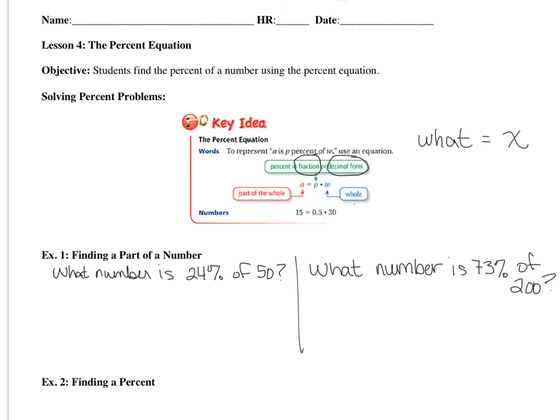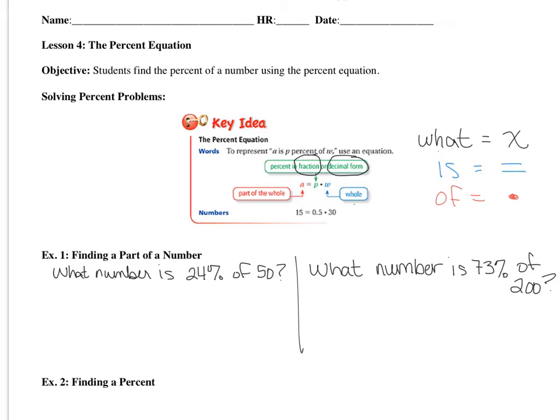But then is means equals. So when I see the word is, I'm going to put an equal sign. And then when we see the word of, that typically means multiplication. Knowing that, I can read from left to right and actually translate the sentence into an equation that I can solve.